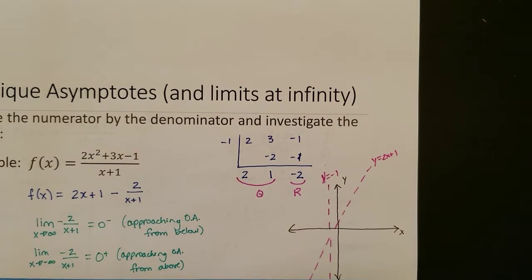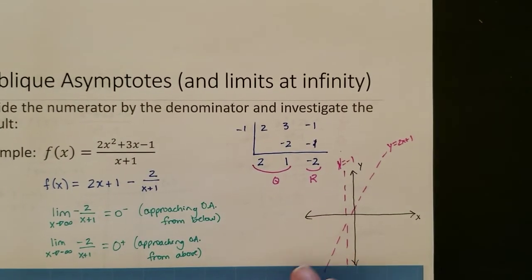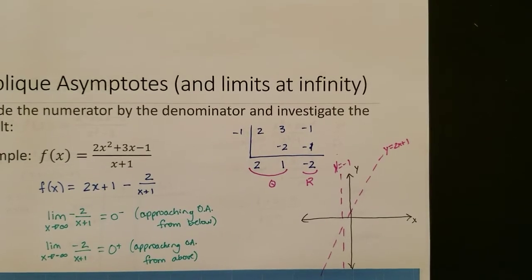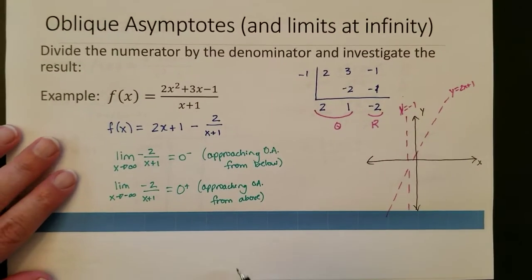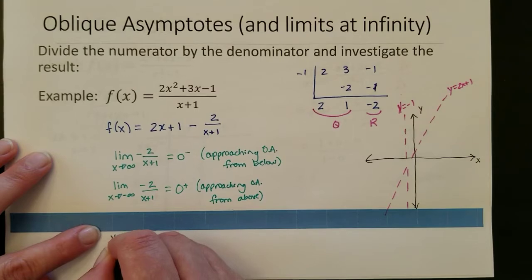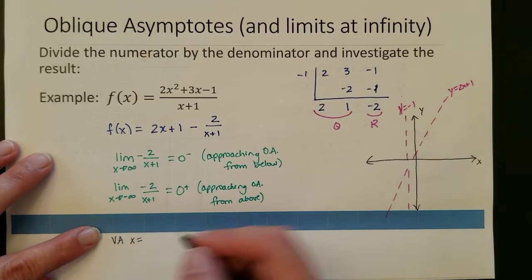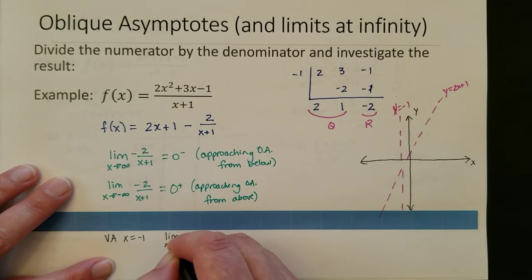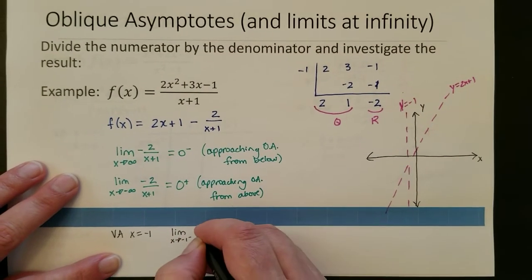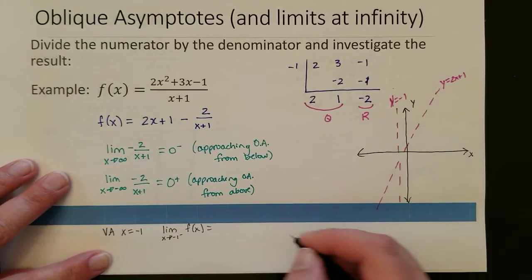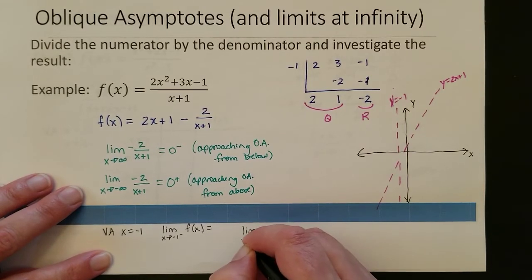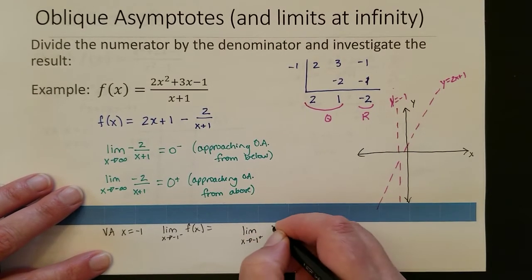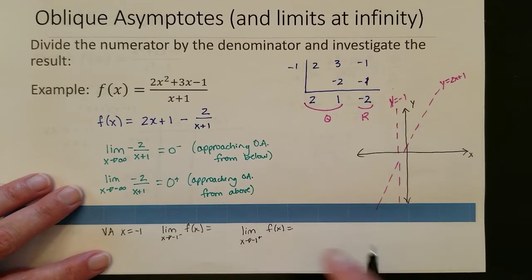And just like we did before, I'll write out the limit around the vertical asymptote. So my vertical asymptote is x equals -1, and the limit as x approaches -1 from the left of f of x, and the limit as x approaches -1 from the right of f of x.